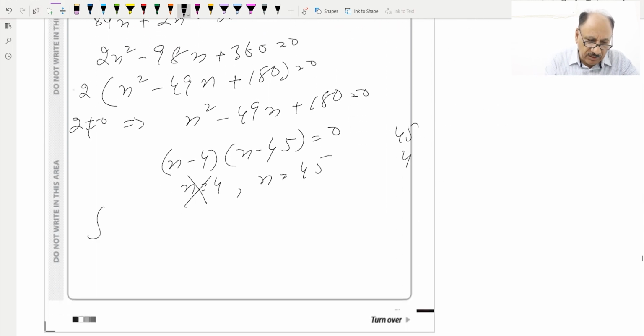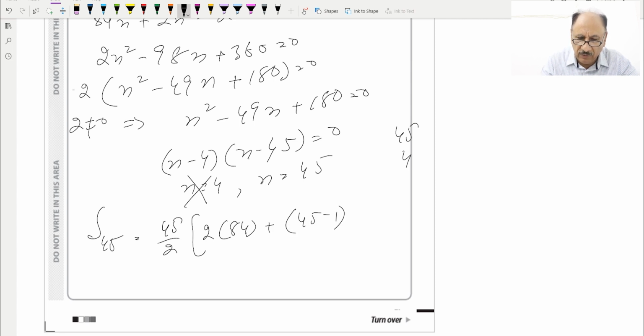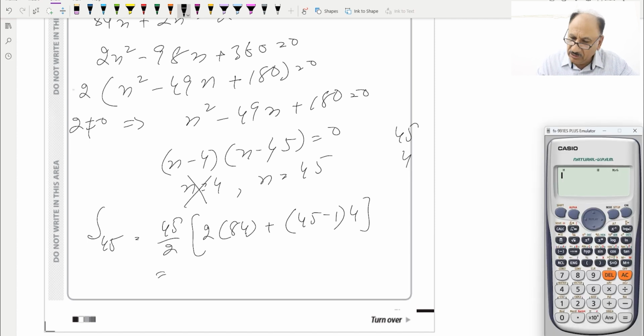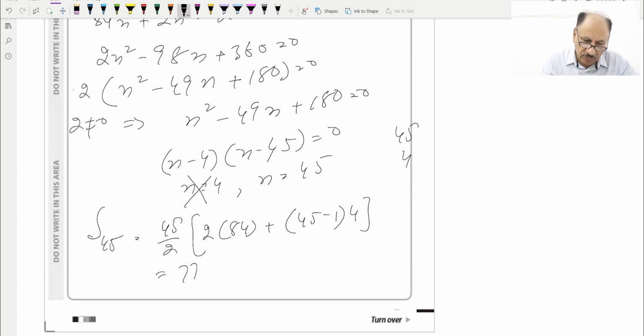So for n equal to 45, the sum is 45 over 2, and a value is 2, no, a value is 84, plus (45 minus 1) into the d value. This results in 45 over 2 into (2 into 84 plus 44 into 4), and this will be 7740. 7740 is the final answer, and this is for 6 marks.